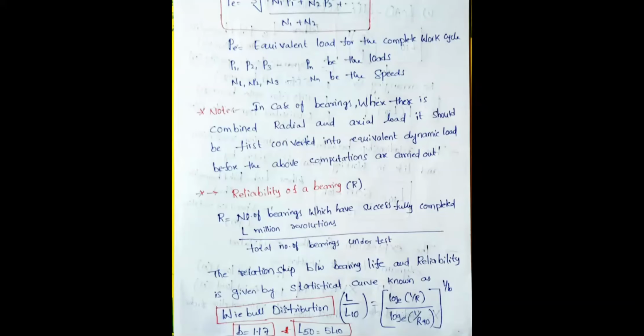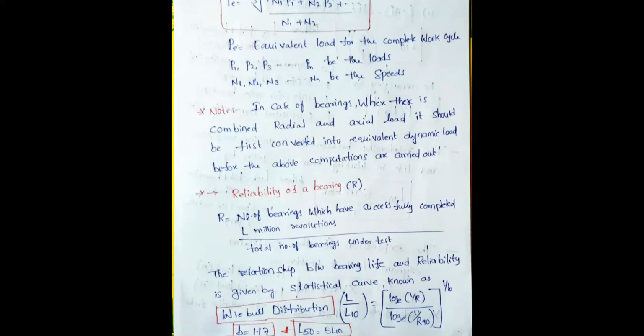Then we have a relation, called the variable distribution: L by L10 equal to log base e of 1 by R, divided by log base e of 1 by R90, whole power 1 by b, where b is a constant. The b value is the standard value 1.17.